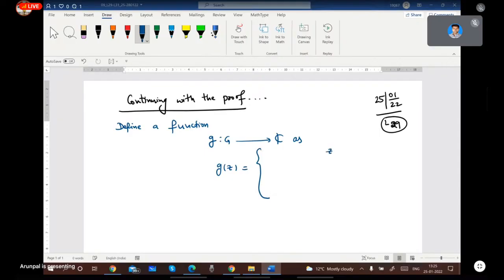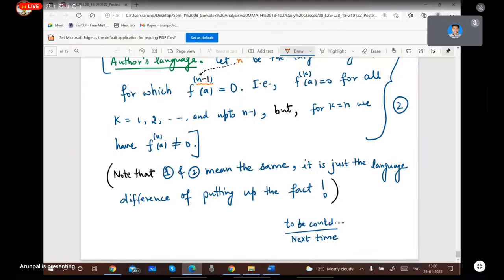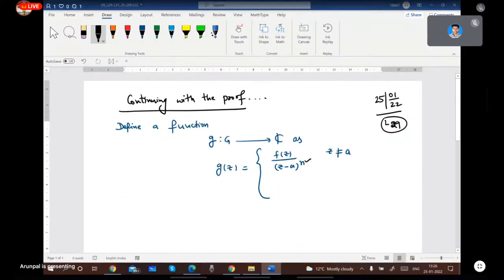When z is not equal to a, we define the function g(z) as f(z) upon (z minus a) to the power n. And here, remember this n is exactly this n. And when z is equal to a, we define the function like this.